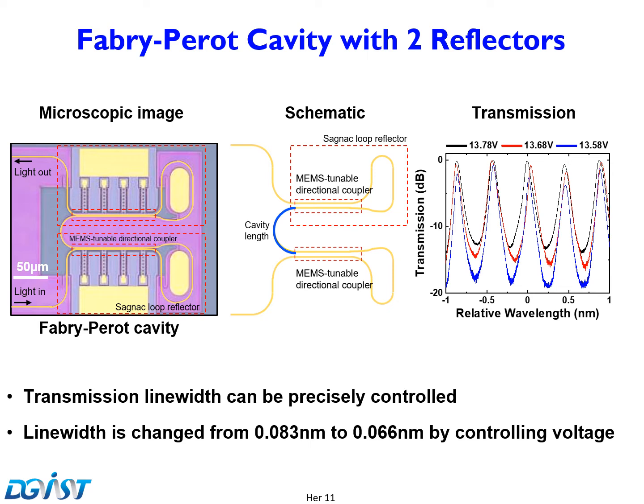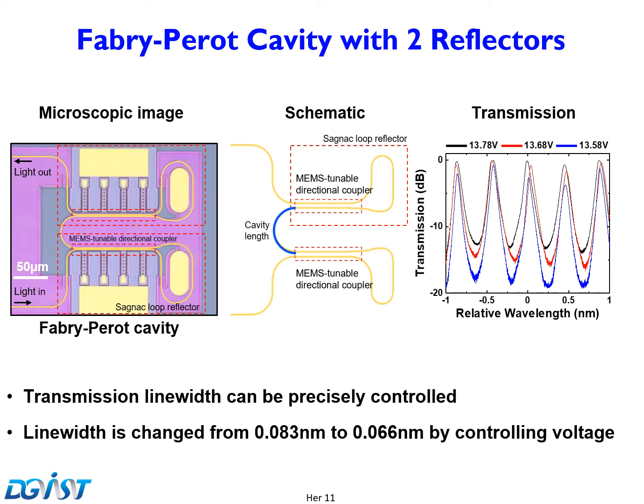Next, we built a Fabry-Perot cavity with two Sagnac loop reflectors. You can see the microscopic image and schematic of the device on the left. There are two MEMS tunable directional couplers. The other figure shows the measured spectral response.